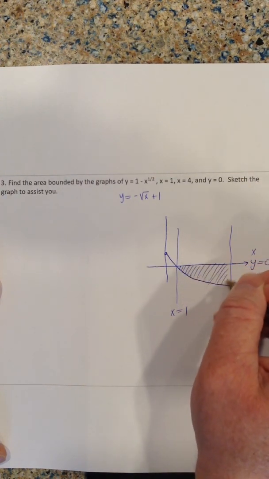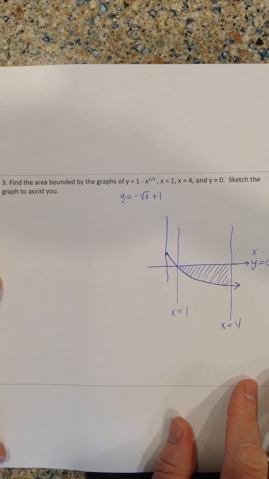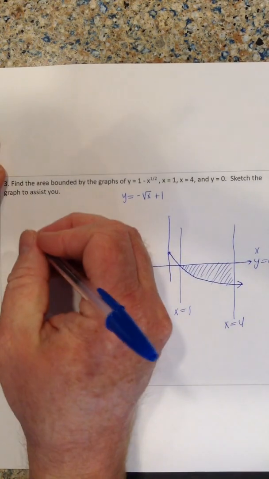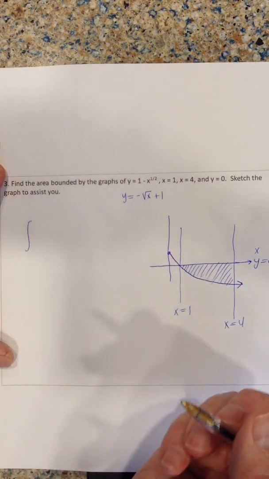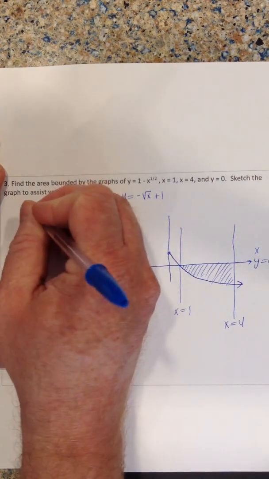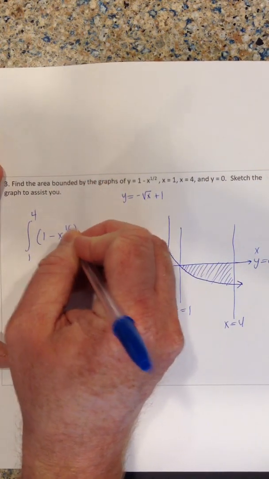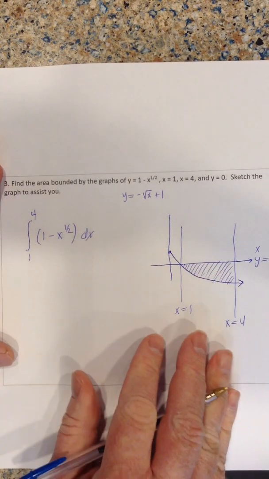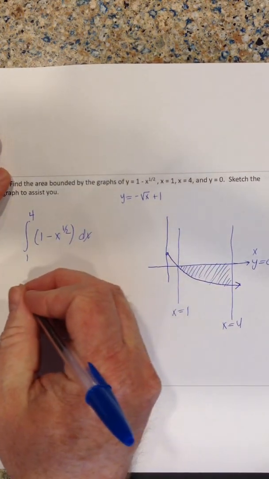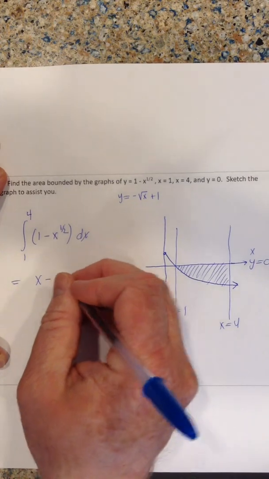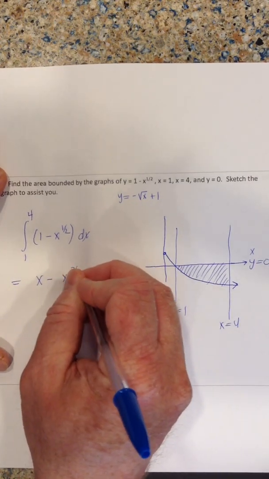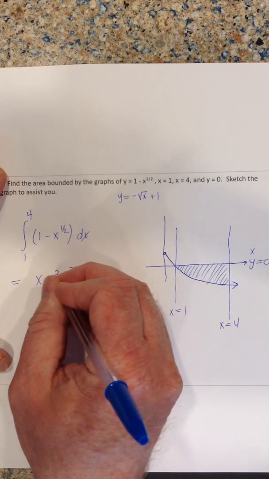So I just want that shaded region right there. Now, that should be a negative area, so what I'm going to do is the integral from 1 to 4 of 1 minus x to the 1/2 dx. So I'm going to take the antiderivative and I get x minus x to the 3/2 divided by 3/2, which is 2/3.